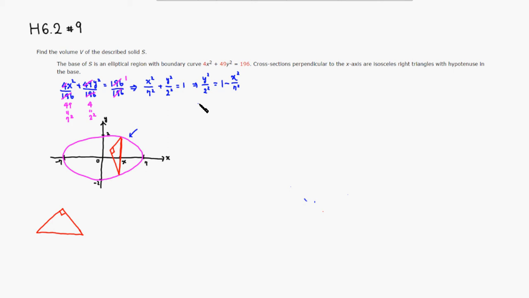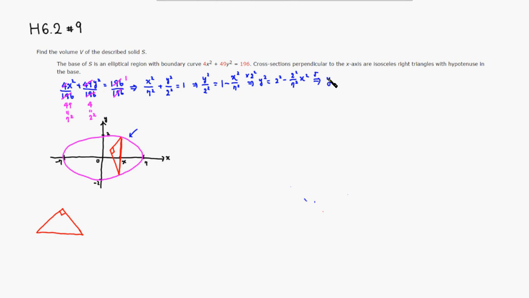Then we can multiply by 2 squared. So you get y squared is equal to 2 squared minus 2 squared over 7 squared x squared. Then we can take the square root of both sides.